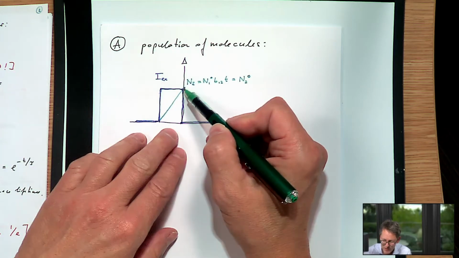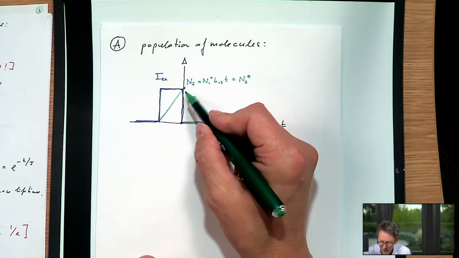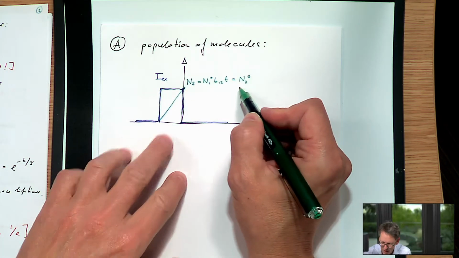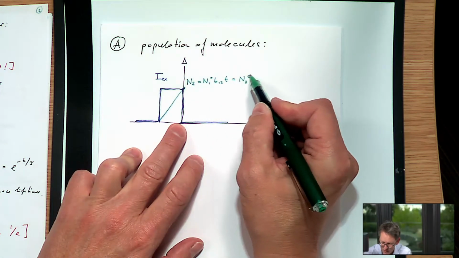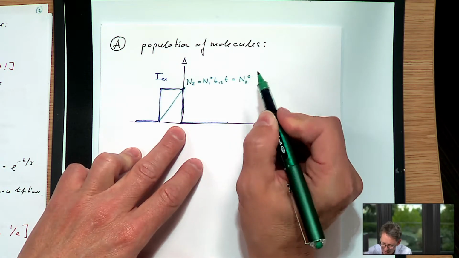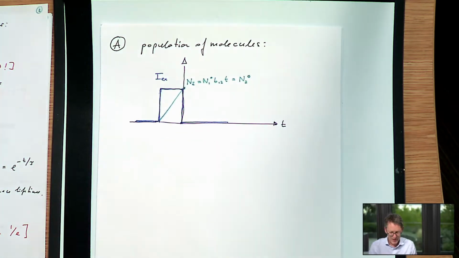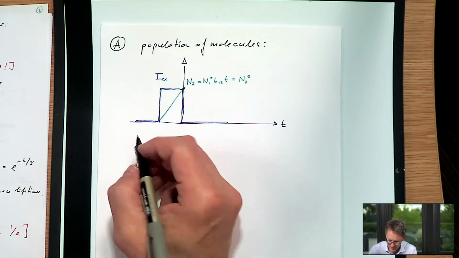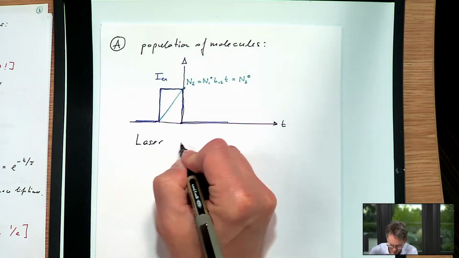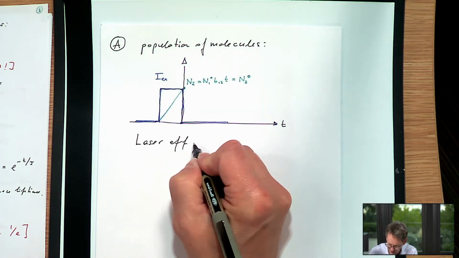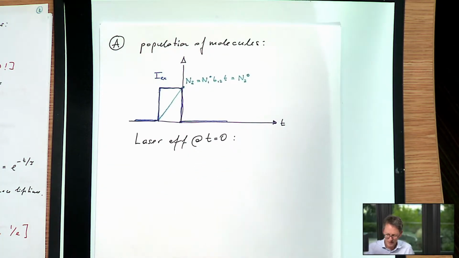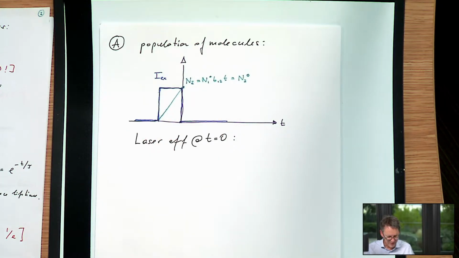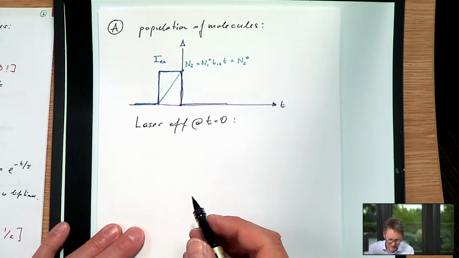And then when we switch off, well, what happens now? So we have the population is N1 naught B12T, which we just say is N2 at time point 0. And so we turn off the laser. The laser is off at t equals 0. So typically one uses a laser because one uses short pulses, and you can do that conveniently with a laser light source.